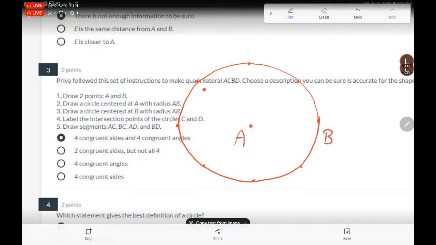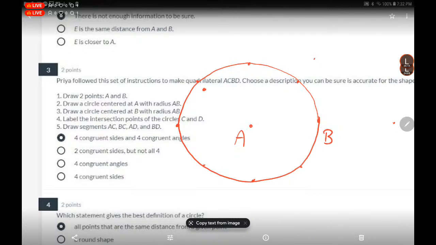Draw a circle centered at B with the same radius. So that's going to go through here and here and here and here. So it's kind of going to go like that. It's a little bit too flat, that side of the circle.